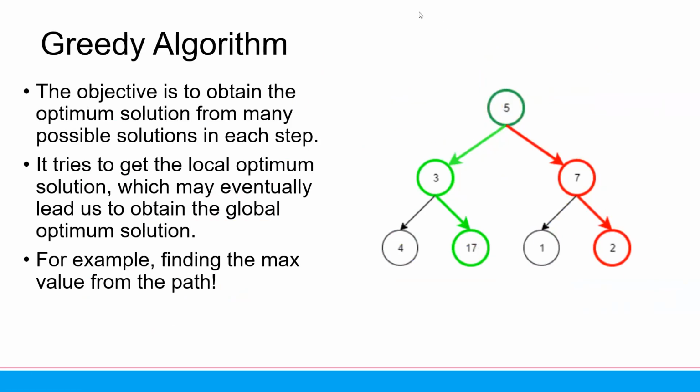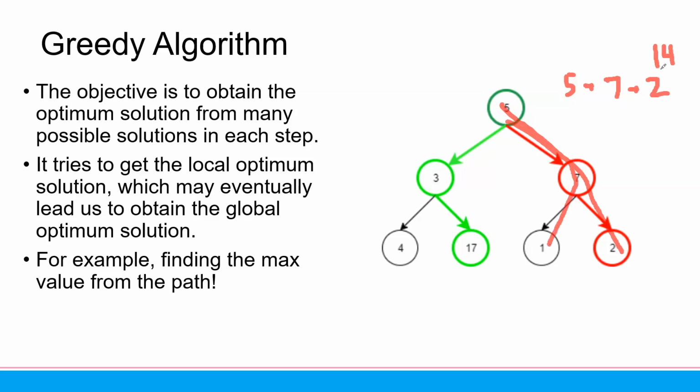If I go for the first path like this one, 5 plus 7 plus 2, the result is 40. But is there any other maximum? There can be another maximum, so we try every possible path. We go 5, 7, and 1.